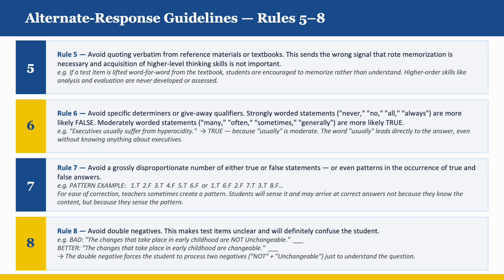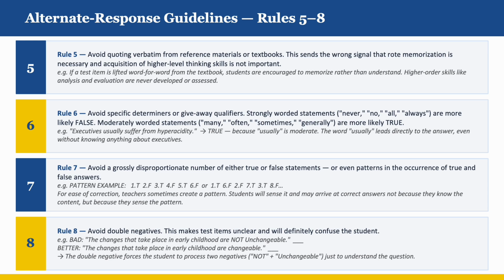So, rule number 6. Avoid specific determiners, the giveaway qualifiers. So we touched on this rule in number 2. But here's more nuance. Strongly worded statements using words like never, no, all, or always tend to be false.